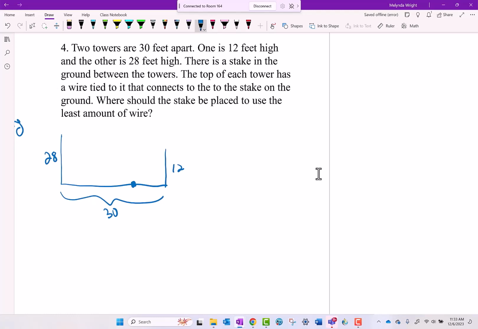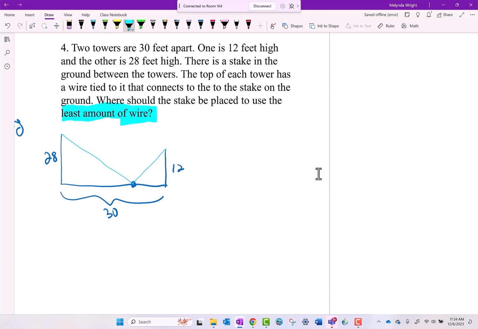So we've got a wire from the top of the tower to the stake, and I guess it's making it more stable. Where should the stake be placed to use the least amount of wire?